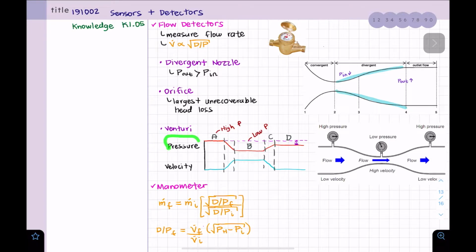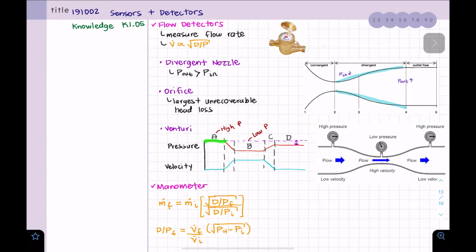So here for GFEs, what we actually need to know is that here we're gonna have the area of high pressure. In the middle area on the choke is where we have the smallest area. We're gonna have the lowest pressure. But if we go here to this detector in this area D, the pressure goes up, but not as much as initially it was, right?